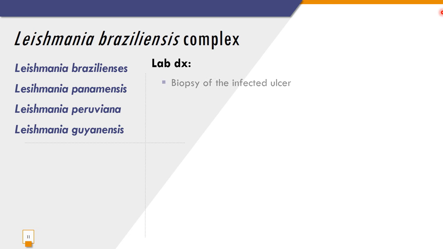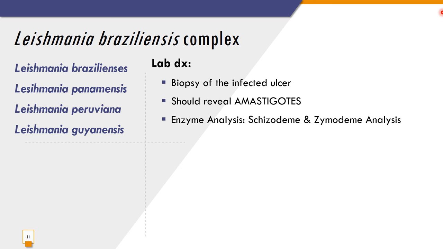The specimen of choice for identifying the amastigotes of the Leishmania brasiliensis complex is a biopsy of the infected ulcer. Microscopic examination of the Giemsa-stained preparation should reveal the typical amastigotes.